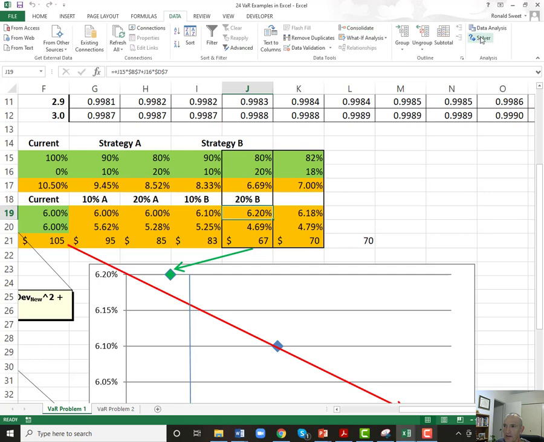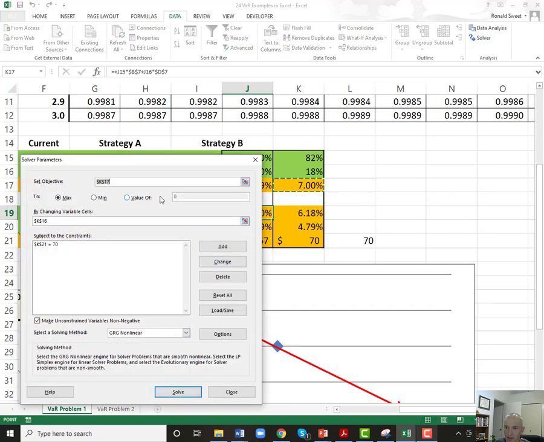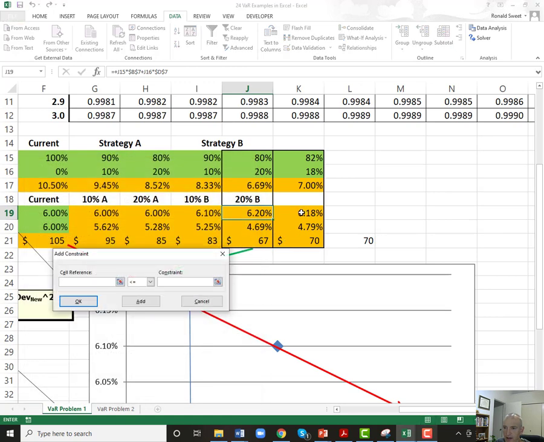So let's shift it, and let's say we want to minimize that by getting a return that is greater than or equal to, let's say, 0.062. Let's see where we can get there.